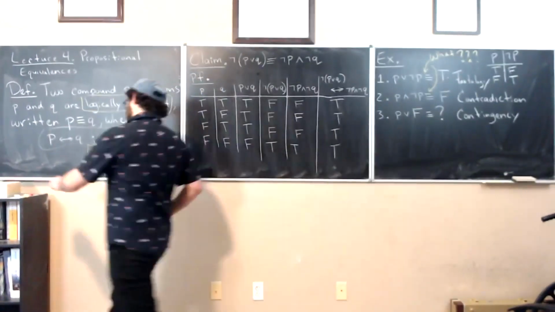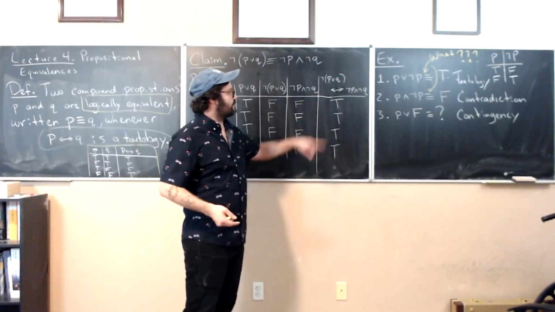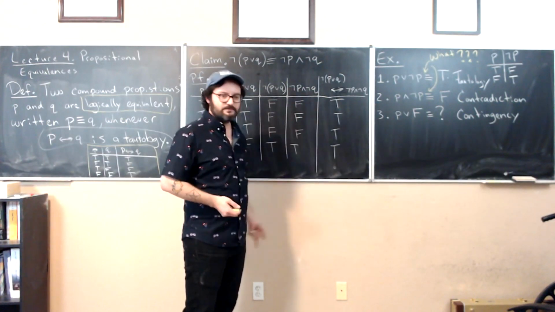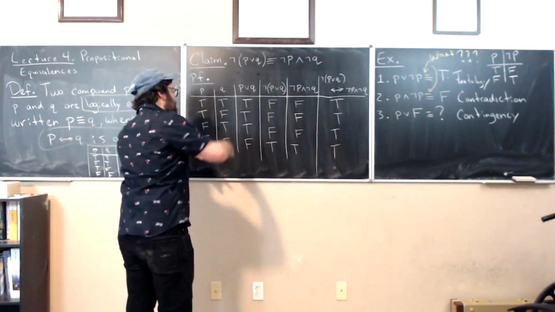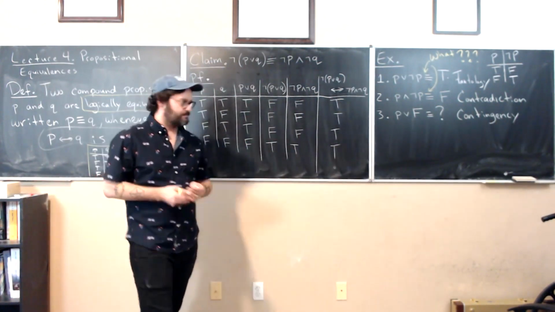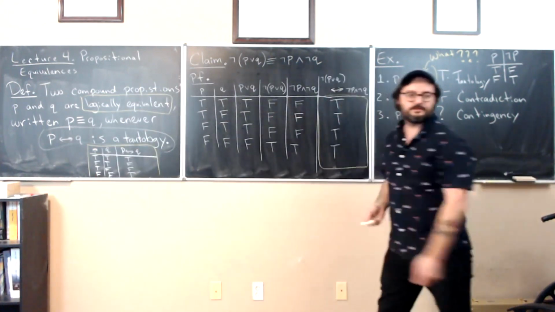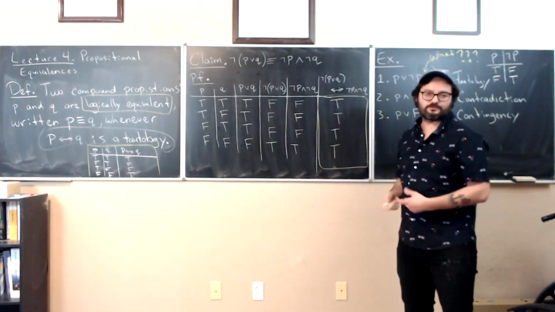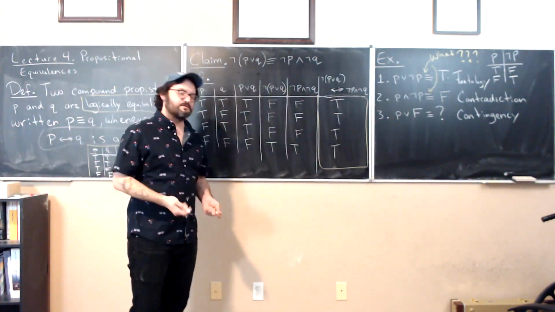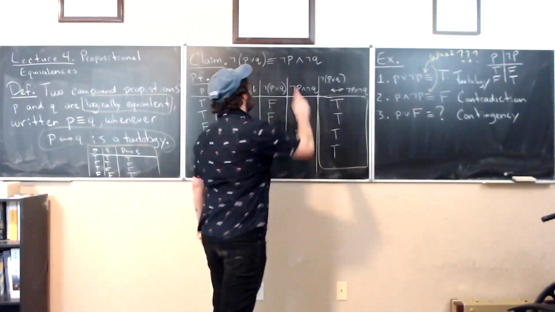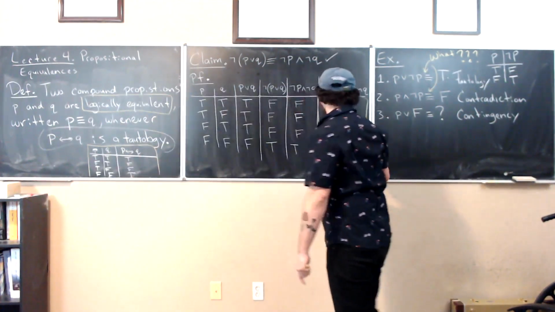Now notice that this entire column of truth values for this compound proposition consists of only T, so true. And it's true on every single possible combination of the truth values of P and Q, which means that it is a tautology. This statement is always true regardless of the truth values of P and Q. It satisfies the definition of being a tautology. If that's a tautology, then we can write that triple equal sign and we're good to go.